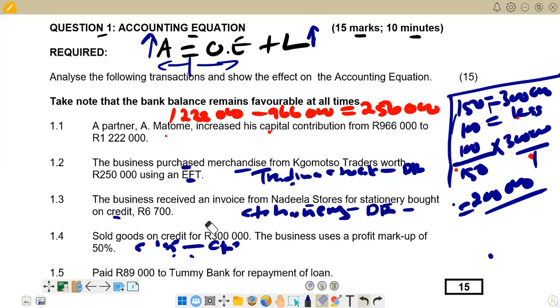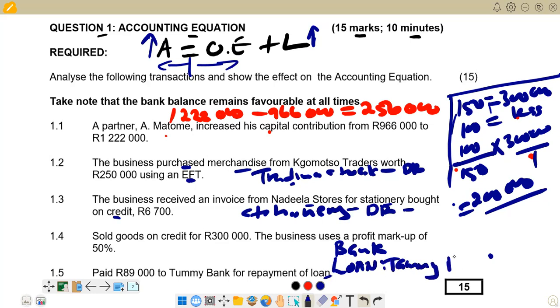So this is repayment of loan, and obviously we have bank there. Bank is one of the accounts. And obviously what is being paid is the loan to Tami Bank. So we have got loan also. Right, so that's what we have.